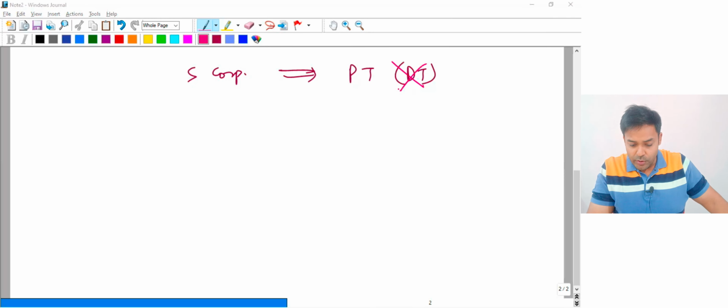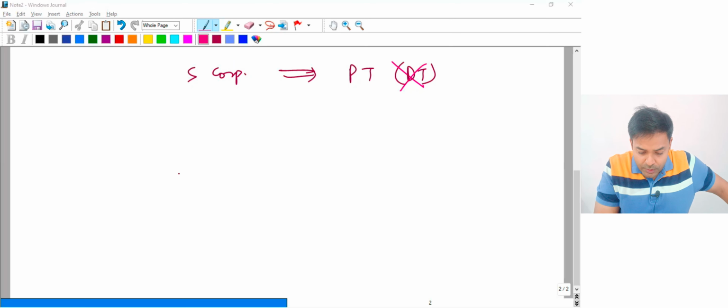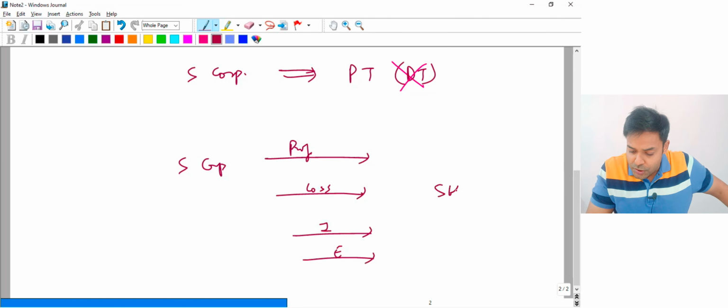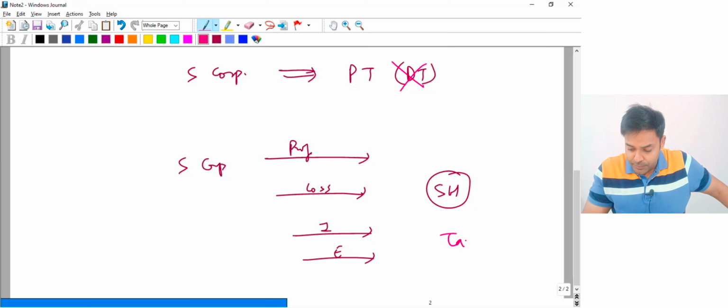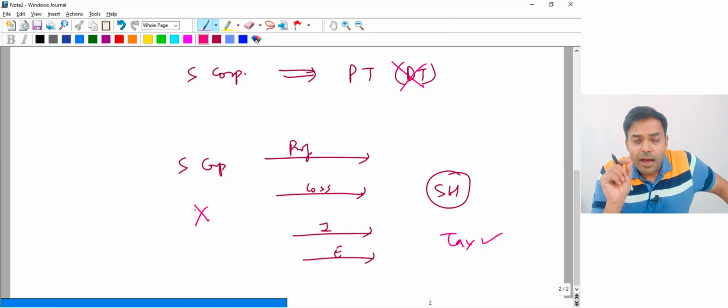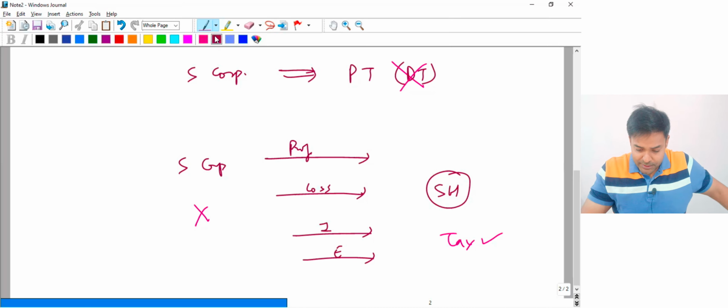S corporation is going to pass on all its profits, all its losses, all income and expenses to its shareholders, and the shareholders are going to pay the tax on it. So the S corporation does not pay the taxes. Shareholders of the S corporation pay the taxes.